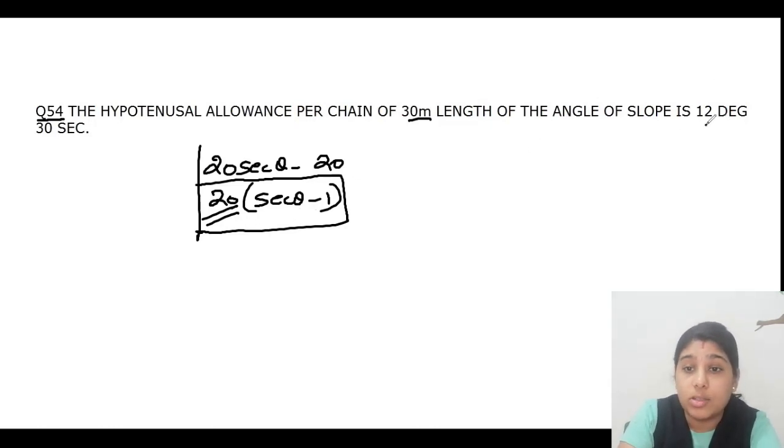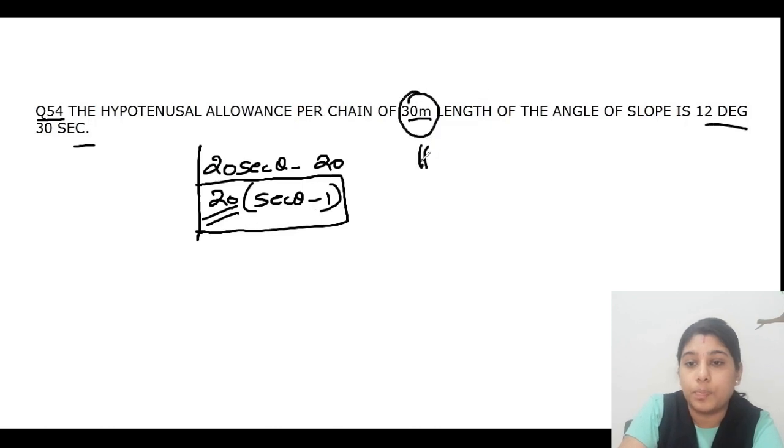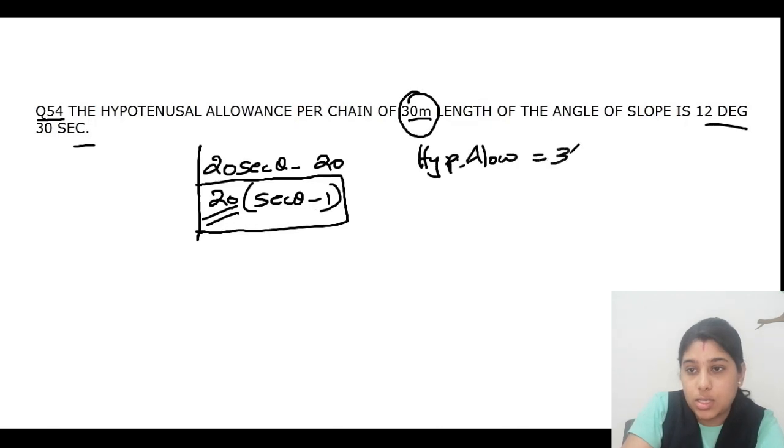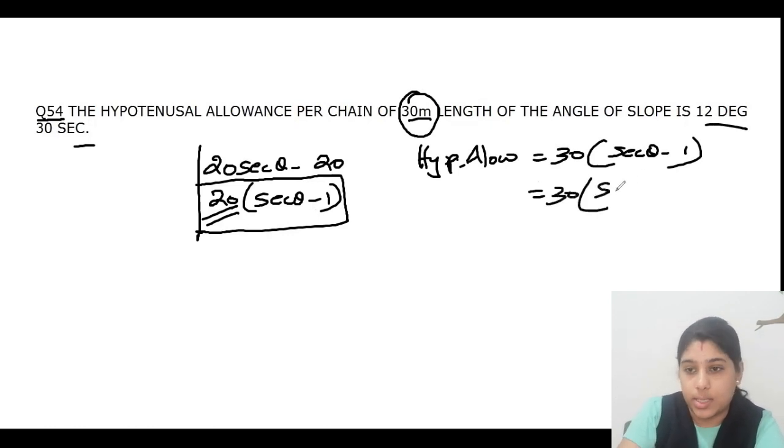But this chain length is 30. So we can directly find the hypotenuse allowance: 30 into sec theta minus 1, the same equation. So 30 into sec of 12 degree 30 second.